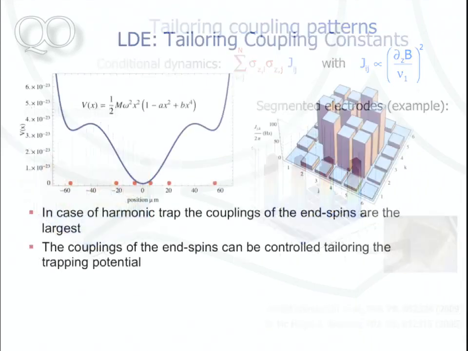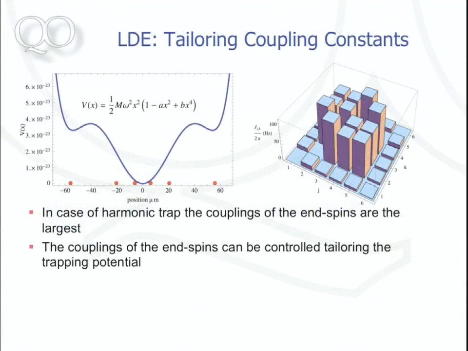But now I'm going to show you something else. Using this trap, we can make such potentials here and shape the coupling between these trapped ions. So that's an example for a string of 6 trapped ions.